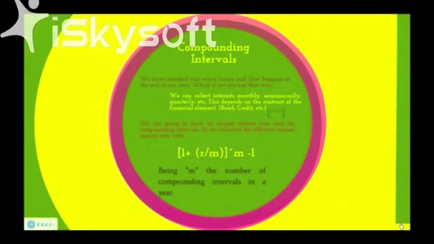We have an annual interest rate and the compounding intervals, so we calculate the effective annual interest rate as (1 plus r divided by m) to the power of m, minus 1, m being the number of compounding intervals in a year.